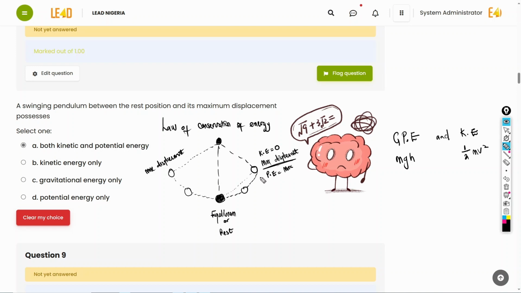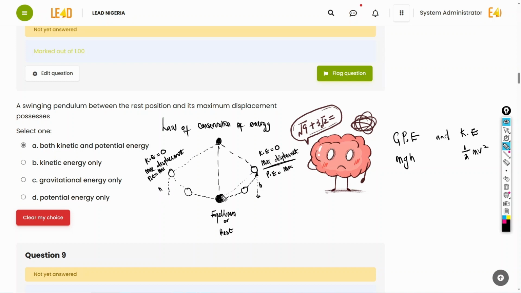The reason is that you have the highest displacement, the highest height at this point. The same thing applies here. Your kinetic energy is 0 because it's also going to stop there and start tracking back. But then you have the highest potential energy, again because the height is maximum.